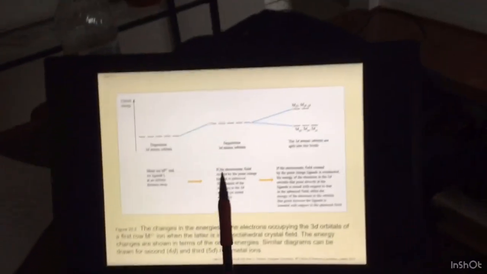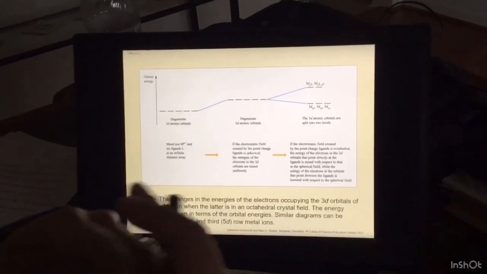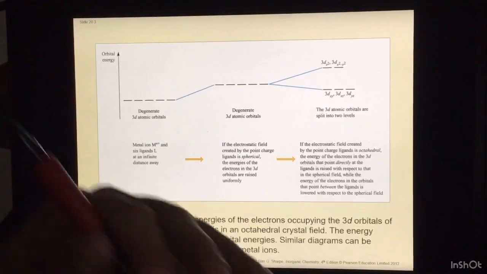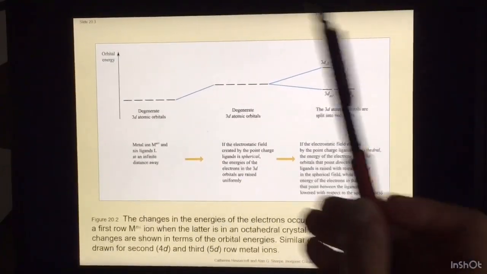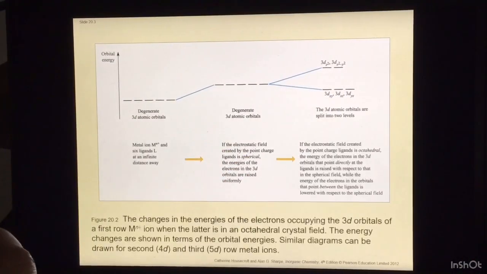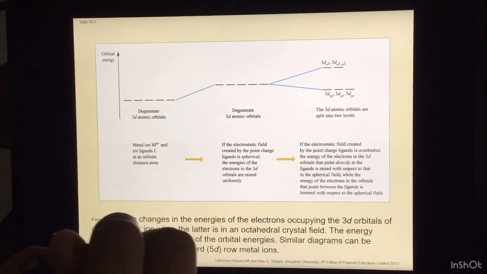We have an electrostatic field that is created by the fact that we have those ligands around the metal cation. So the energy of the different orbitals here is raised, and they are furthermore split into two different levels because some of these d orbitals are pointing directly at the ligands while the others are pointing between the ligands.